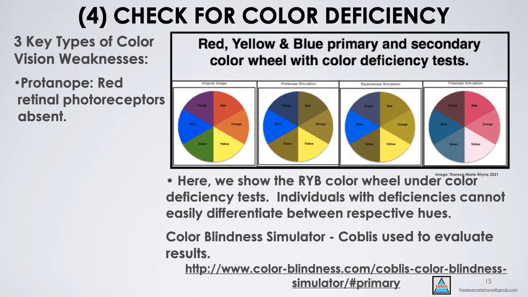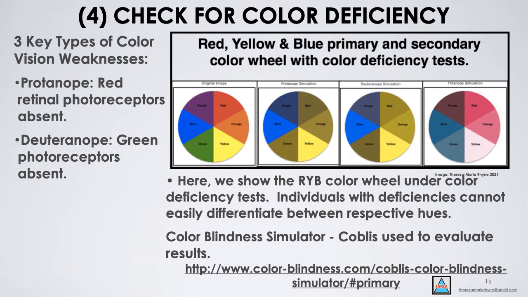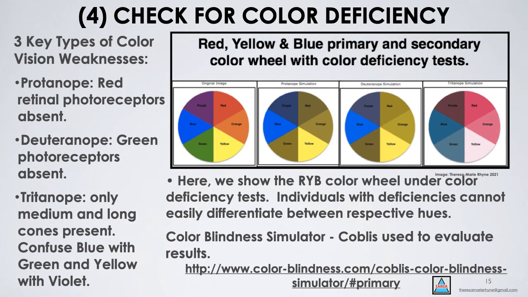What they can't do is differentiate a range of colors. See, this is the color wheel here, and they have trouble seeing these colors apart from each other. So if you put a red and a green color next to each other, they might not be able to differentiate. And we've got to check our example to see whether it's going to work. Deuteranopia is if your green photoreceptors are a little absent, and tritanopia is if your blue photoreceptor is absent.